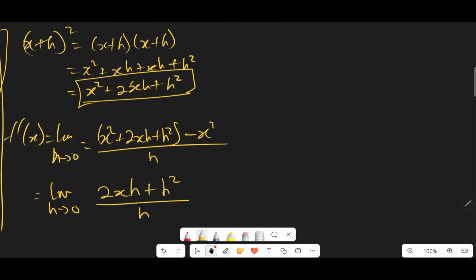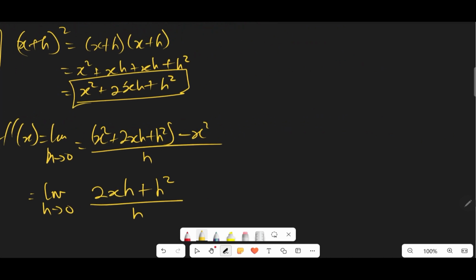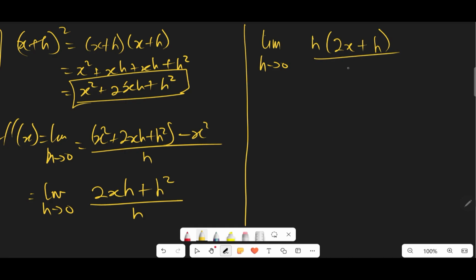Is that okay? Now, if we look at the numerator, we see that we have two terms, and we can factorize h out. When I factorize h out, I get the limit as h approaches 0 of h times 2x plus h, all over h. Then we cancel this and that.